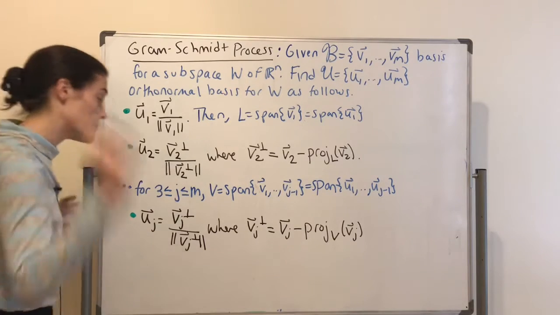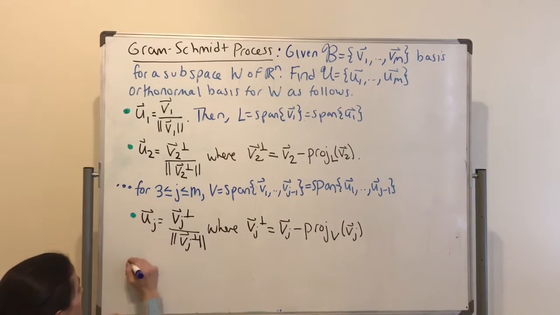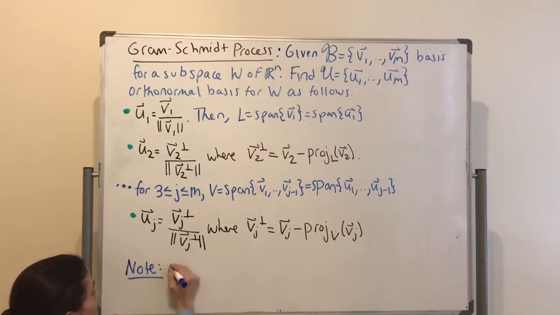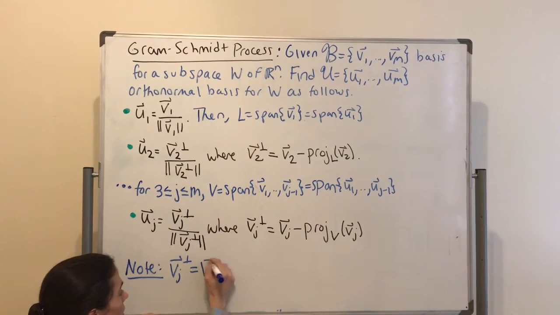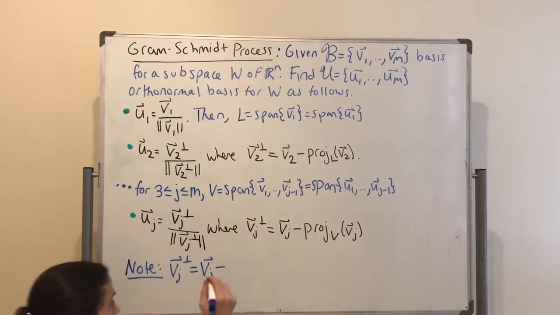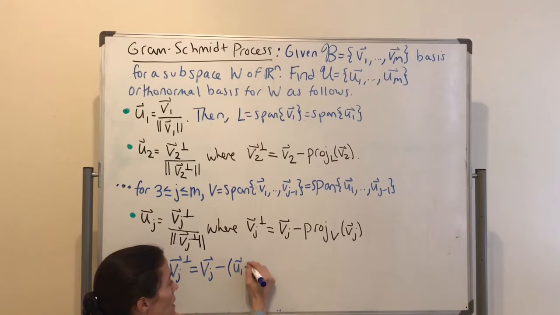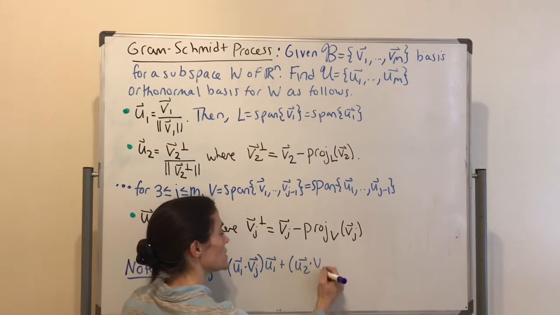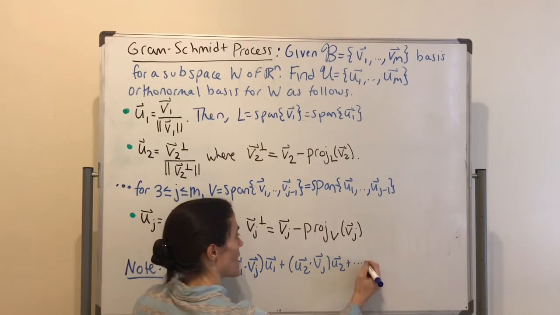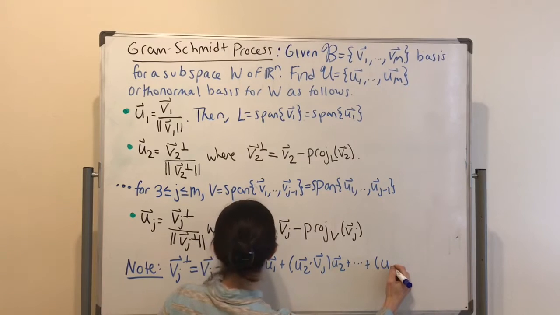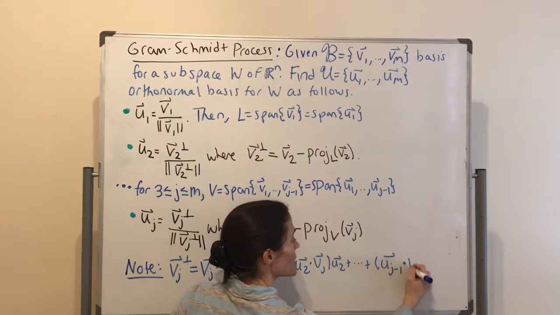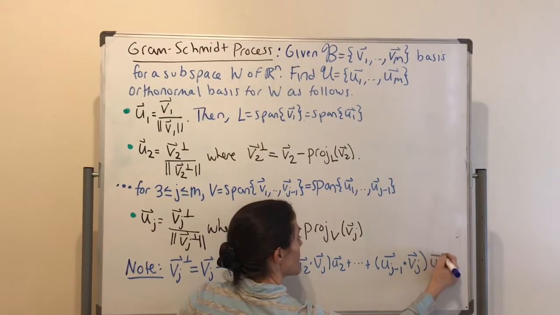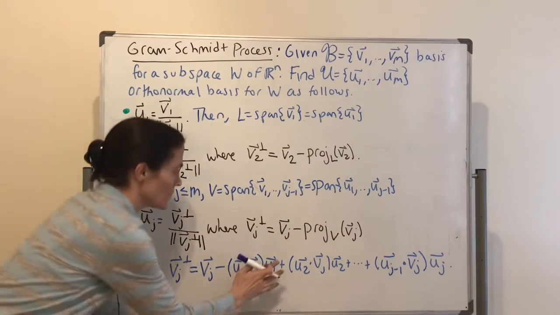We have U1 to UM, but as a comment, note this vector, and this is what we saw in the last example, we can write it like this: Vj minus U1 dot Vj times U1, plus U2 dot Vj times U2, all the way out to U(j minus 1) dot Vj times U(j minus 1).